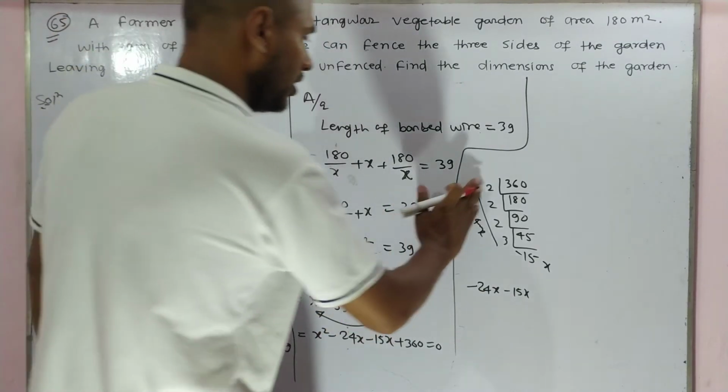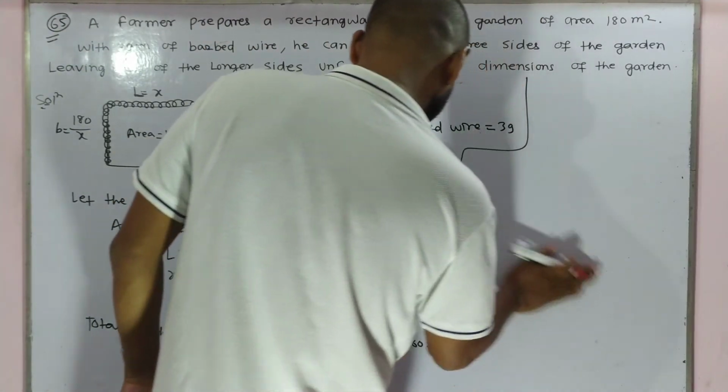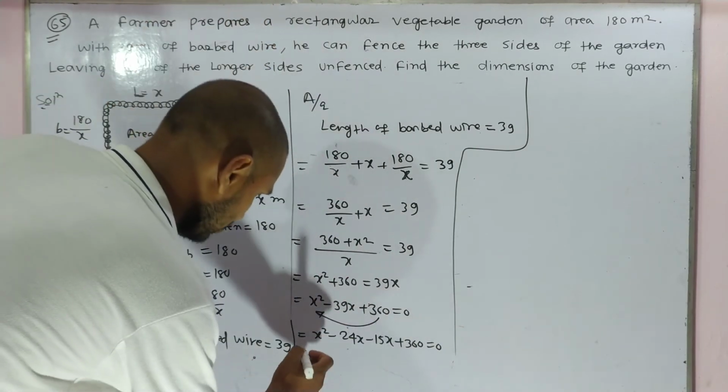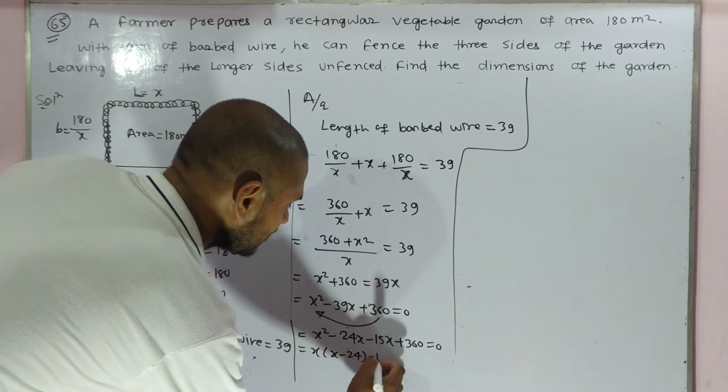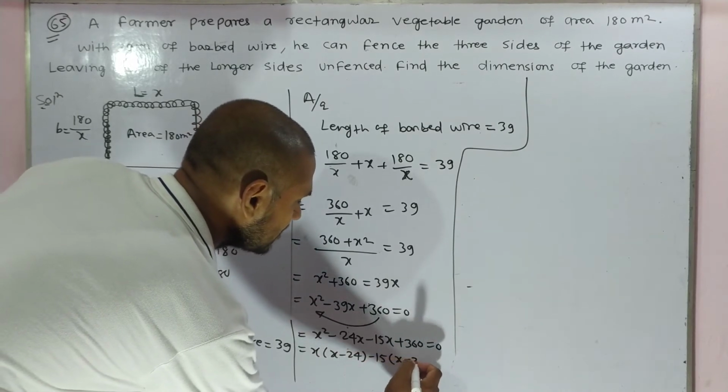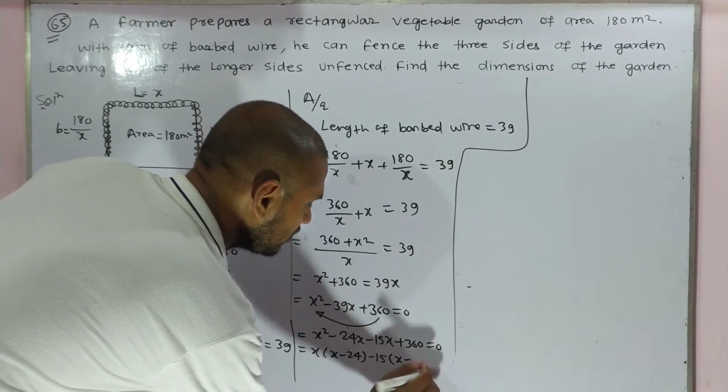From here, taking x common from the first two terms, we get x minus 24, and taking minus 15 common from the last two, we get x minus 24 also.